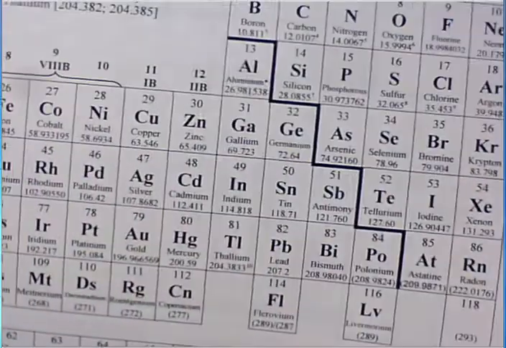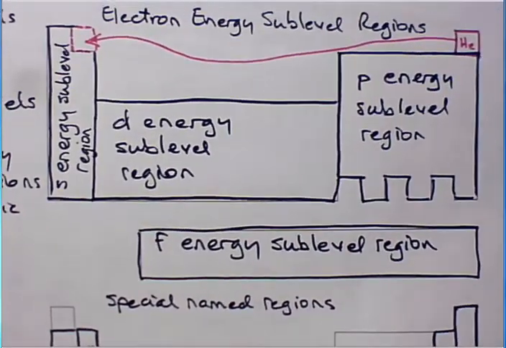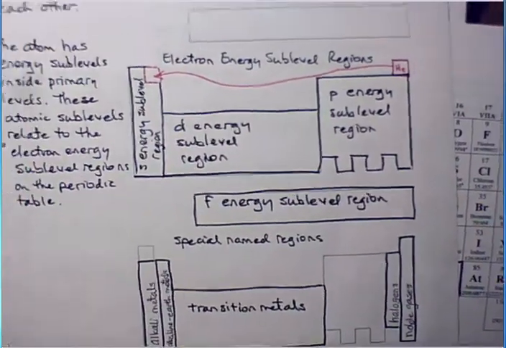All right, let's go back to your periodic table here. And let's also get out the notes that we took on the S, P, D, and F electron energy sublevels yesterday. So that's that table right there, or the outline we had yesterday.